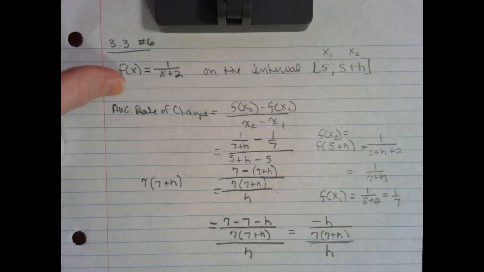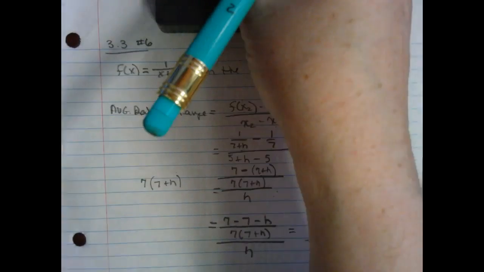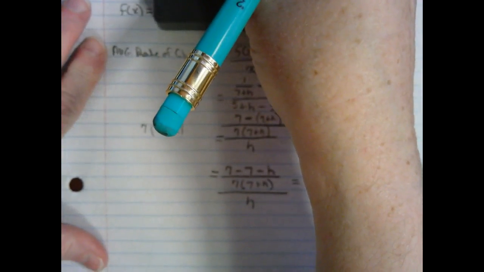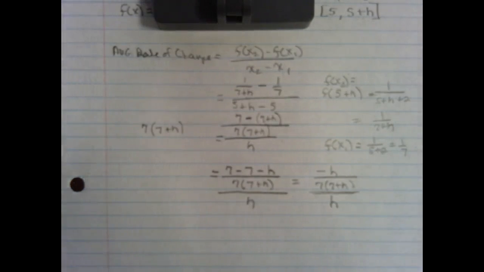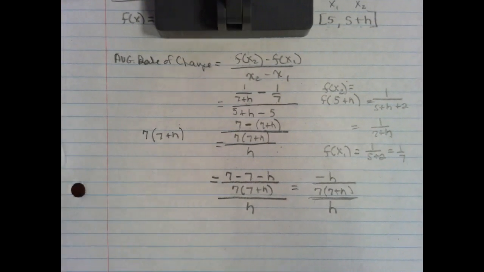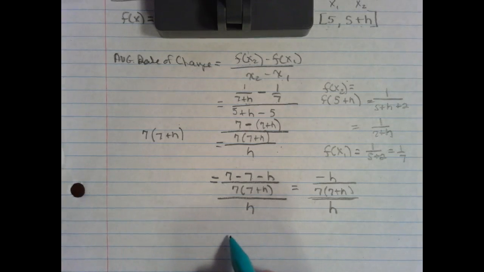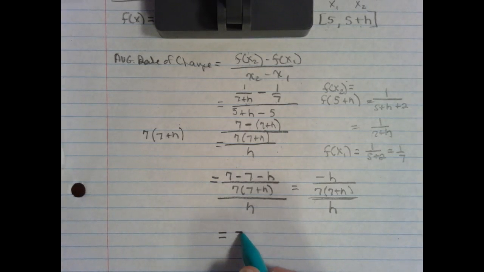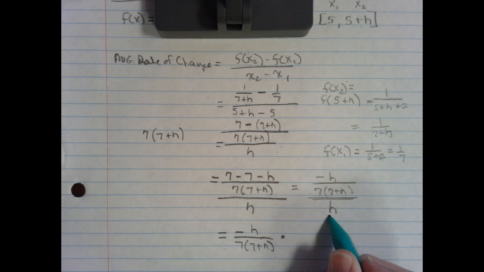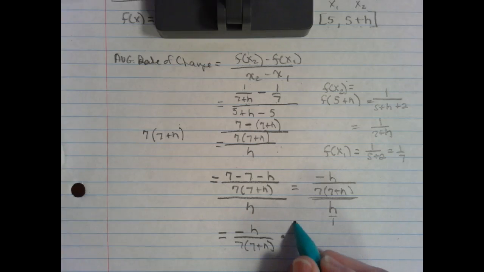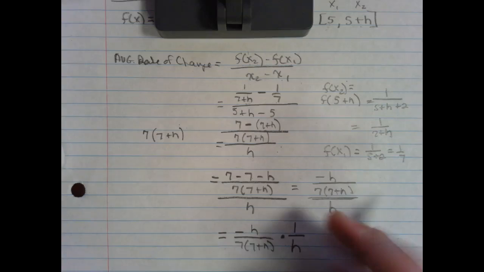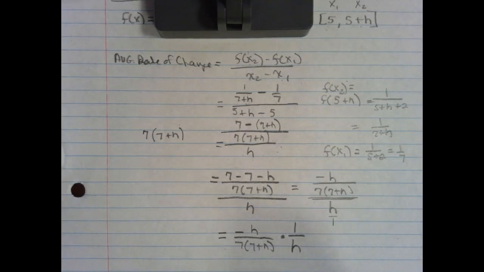So let me see if I can slide this up just a little bit so we have a little more room. All right. So let me come over here a little bit. So I have negative h over 7 times 7 plus h times, and again, think of that as h over 1. So we're dividing, so we're going to multiply that by the reciprocal. So we flip it.